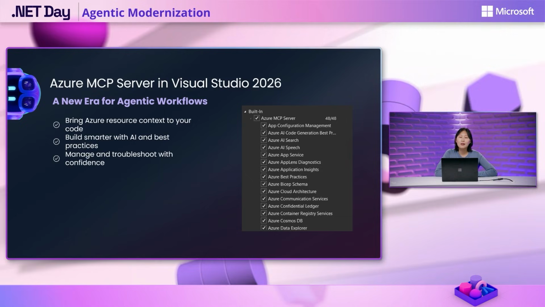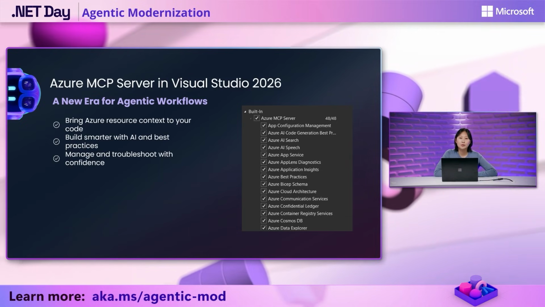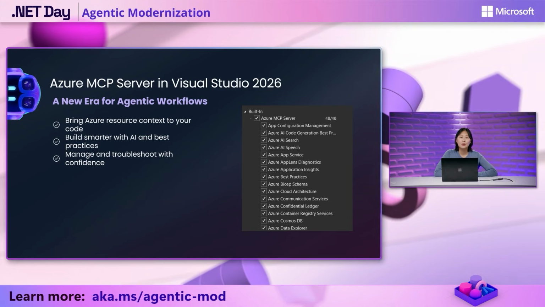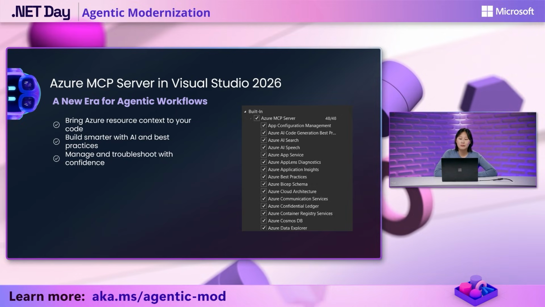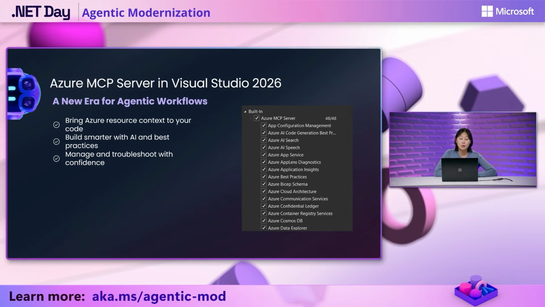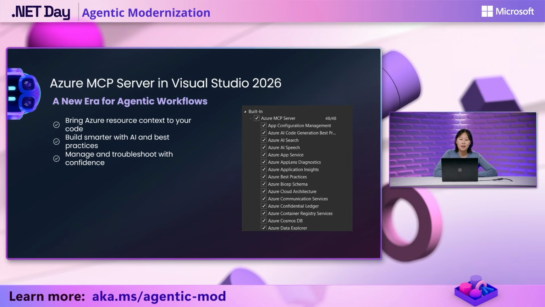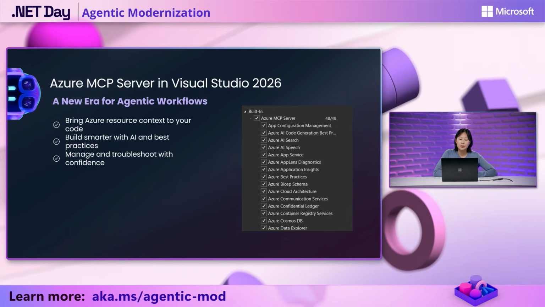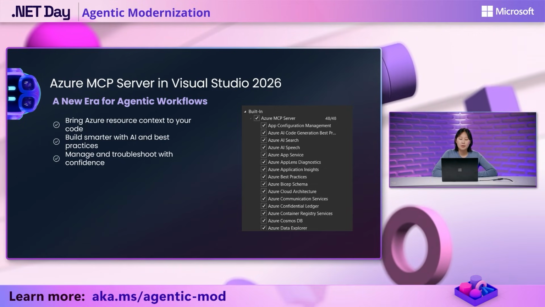All right, now let me switch gears and talk about Azure MCP Server in Visual Studio 2026. At .NET Conf just a few weeks ago, we announced the GA release of Azure MCP Server in Visual Studio 2026, which you can use alongside GitHub Copilot to deploy and manage your Azure resources and do a bunch of different Azure operations.